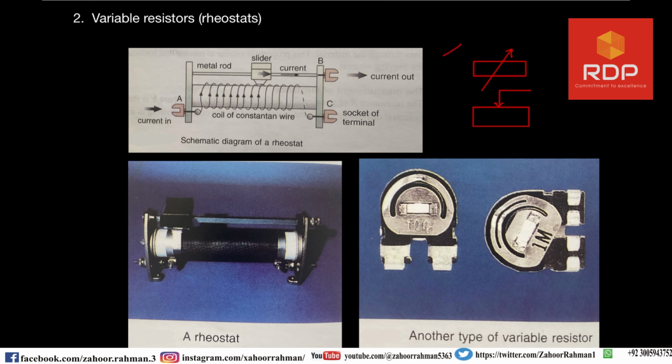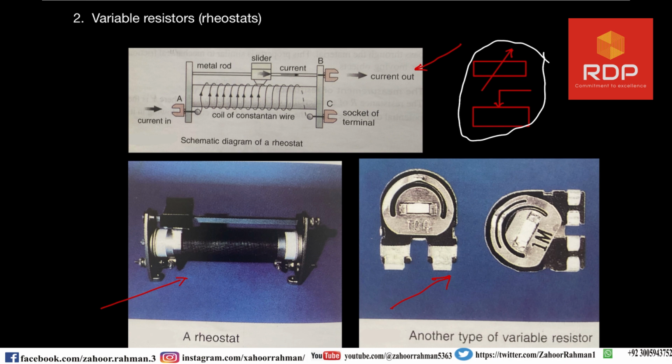This is the schematic diagram, and these are the original diagrams of the rheostat we commonly use inside laboratories. One thing more before finishing: these are the symbols used for variable resistors.